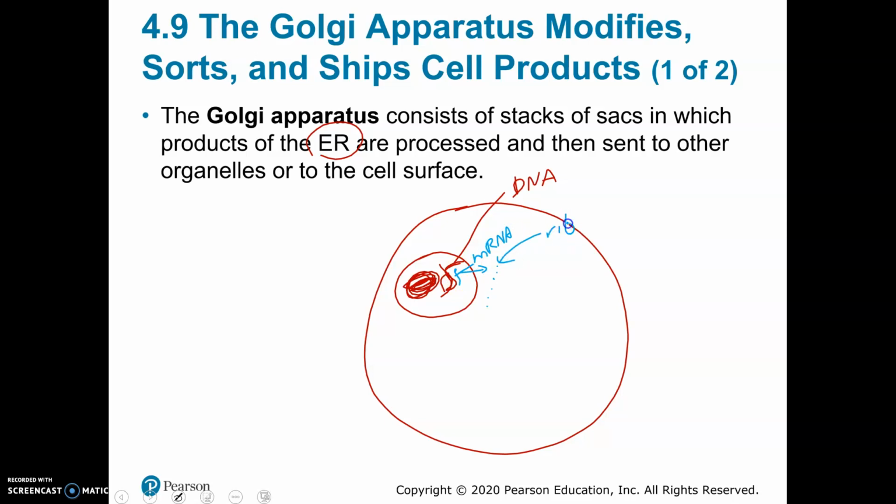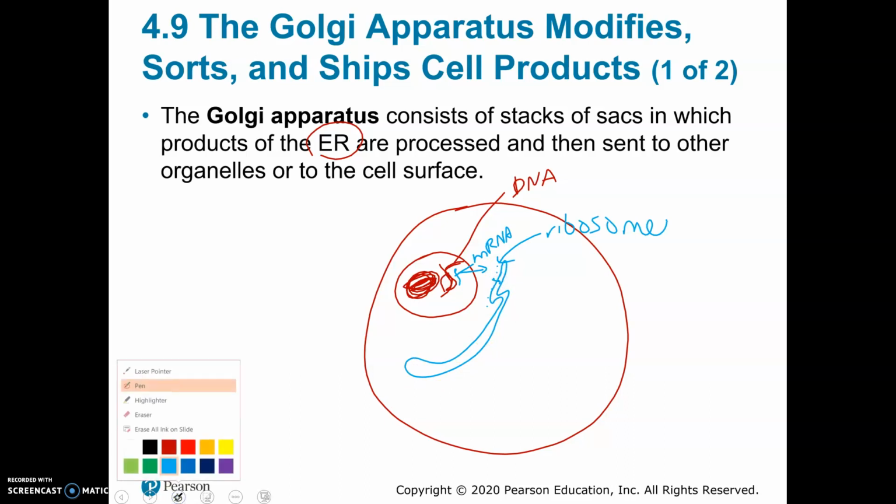The ribosomes would build the protein. And then, here's your rough ER. Right from the ribosomes, this product would go into the rough ER, and this protein would get modified. Maybe it would have sugars added to it. Maybe it would be cut or folded into a specific shape.